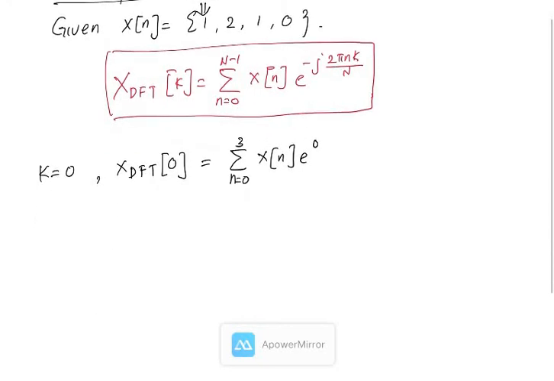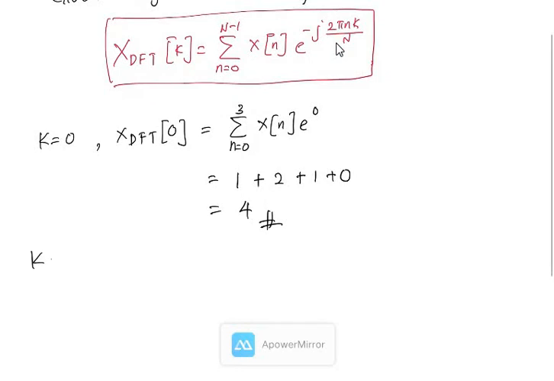So this means it's a summation from n equal to 0 to n equal to 3 of x[n], which is 1, 2, 1, 0. So you sum up 1, 2, 1, 0 and you get 4. So this is X DFT 0. Then next is when k equal to 1.